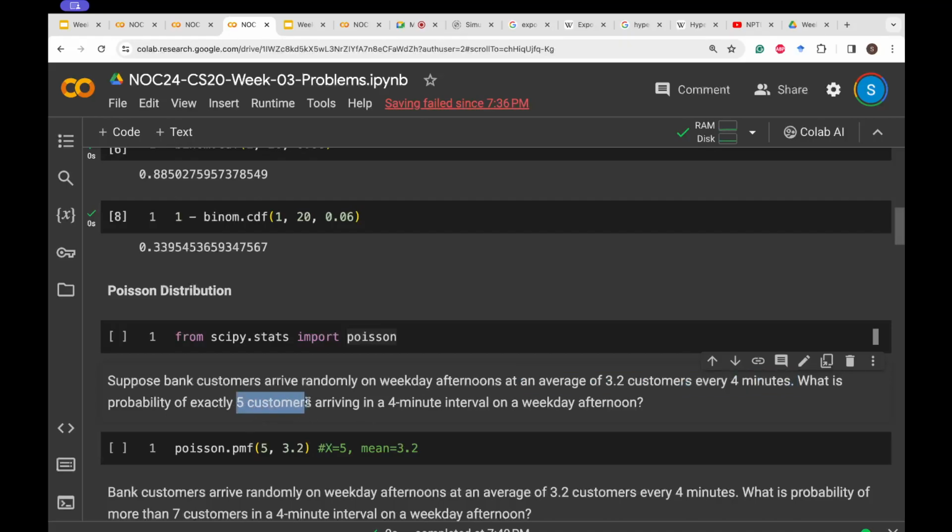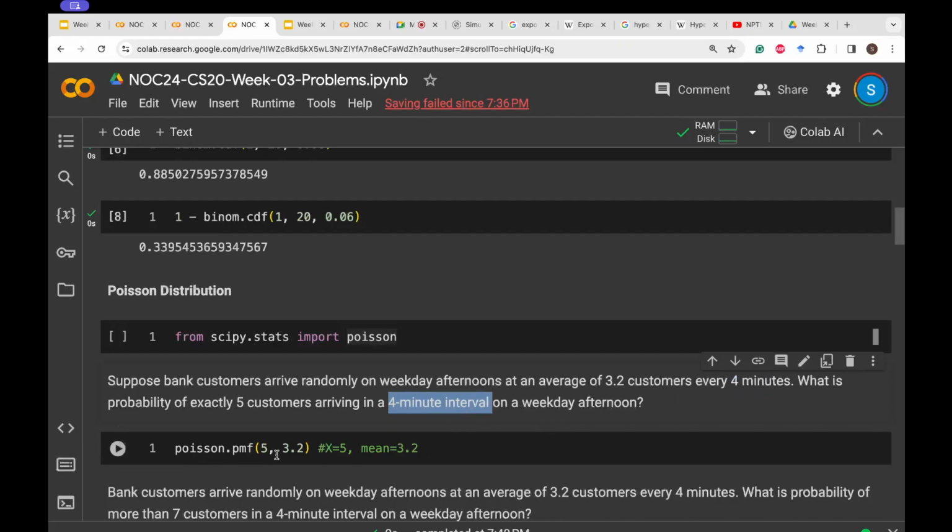Now the random variable is the number of customers arriving, and you should notice that they are giving the same time duration over here and here. So what is the probability of exactly 5 customers arriving in a 4-minute duration on the weekday?